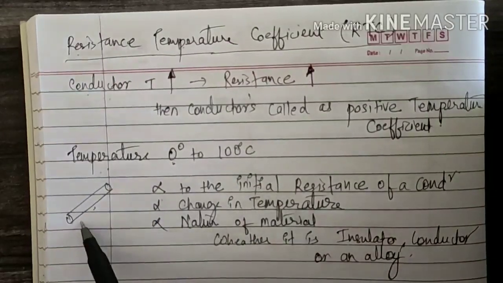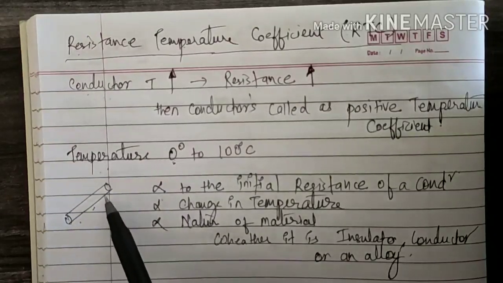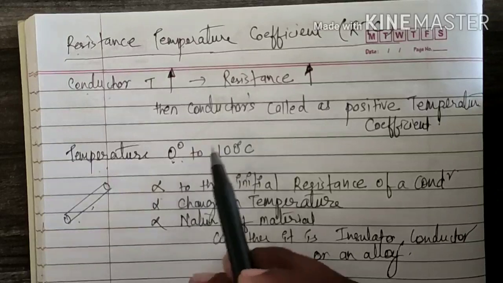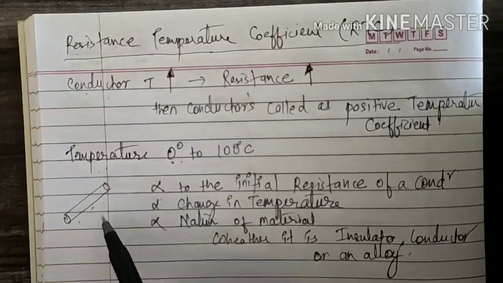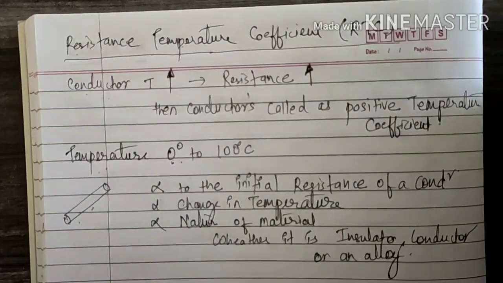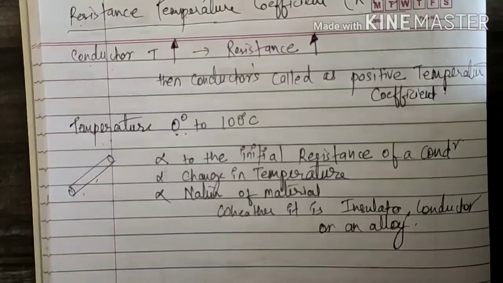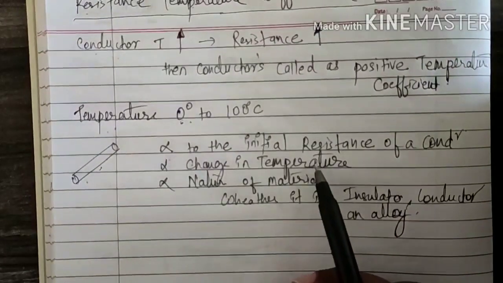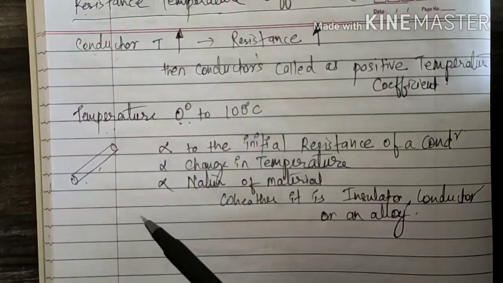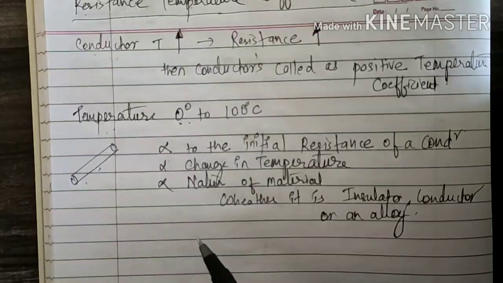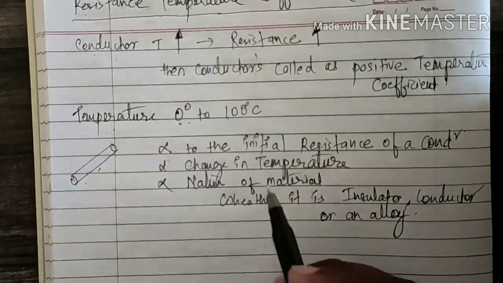First, the initial resistance of the conductor, before increasing the temperature. Then the change in the temperature. Then of course the nature of the material, whether it is an insulator, conductor or an alloy.